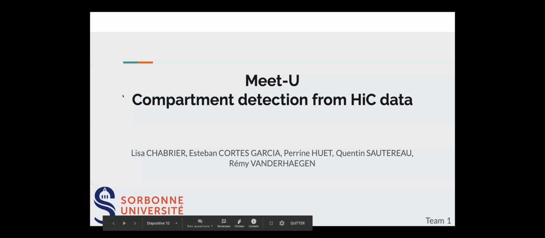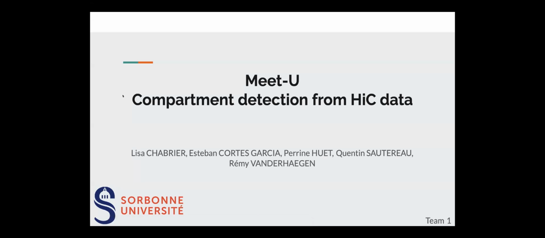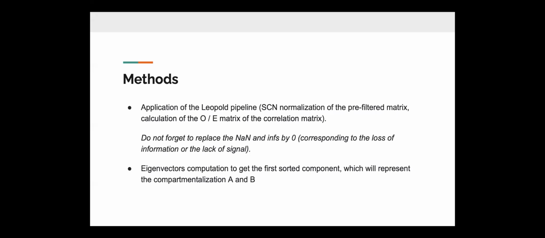Okay. So today, Lisa, Perrine, Quentin, Rémi, and I will introduce to you briefly what we achieved so far, how we did it, and what we still have to do. So here are our methods. We applied the pipeline and used some code given by Leopold during the kickoff meeting. For example, we used the SCN normalization of the profile matrix.